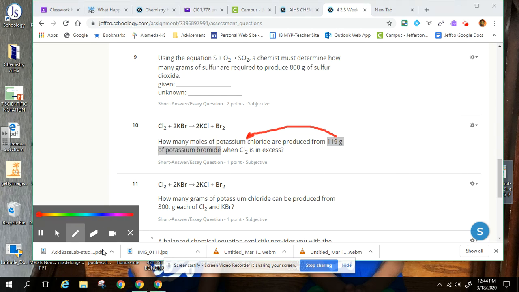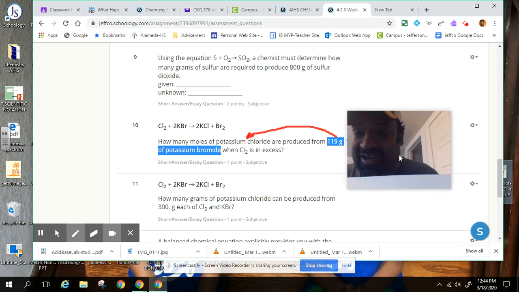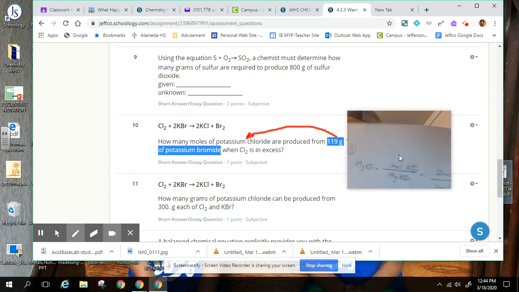I started off with how much KBr I started with, the 119 grams, and then I multiplied by the molar ratio. Actually, to convert from 119 grams to moles, and then 2 moles is the molar ratio. The answer is 2, by the way.